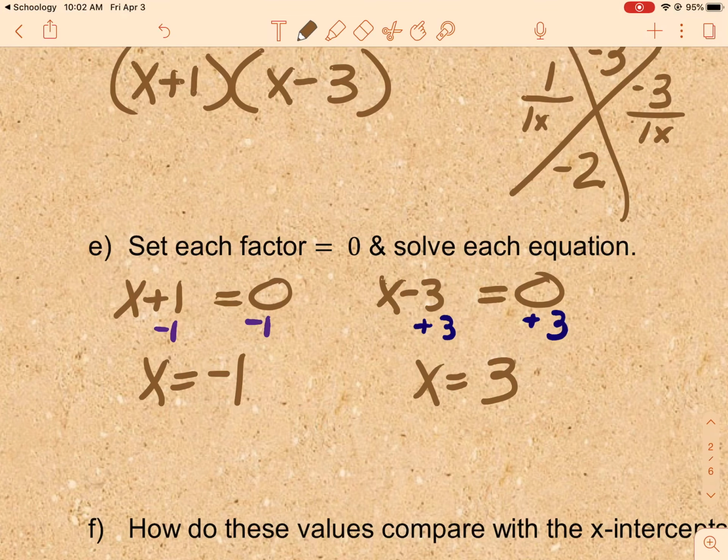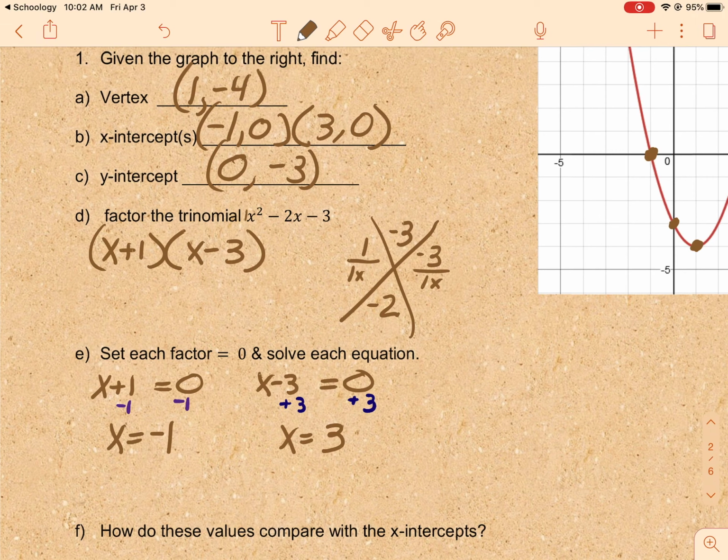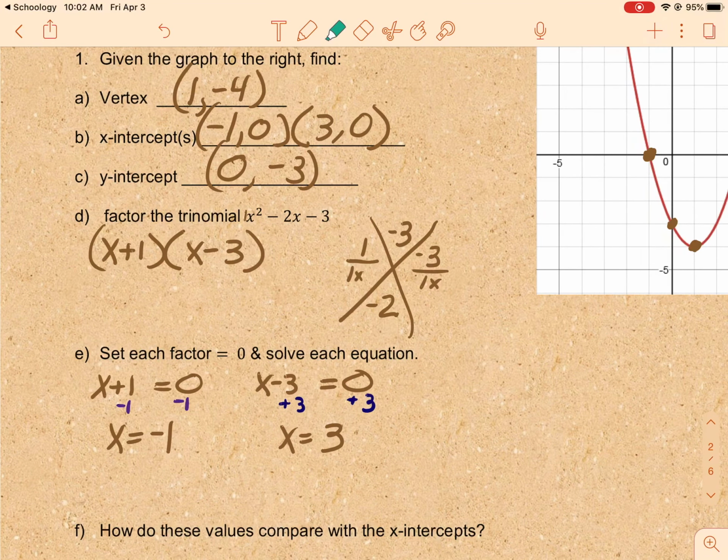Do you notice any connection between what our x-intercepts were and what we got when we set the factors equal to 0? When you're solving and setting equal to 0, what you're actually doing is finding the x-intercepts, which are also called your zeros.